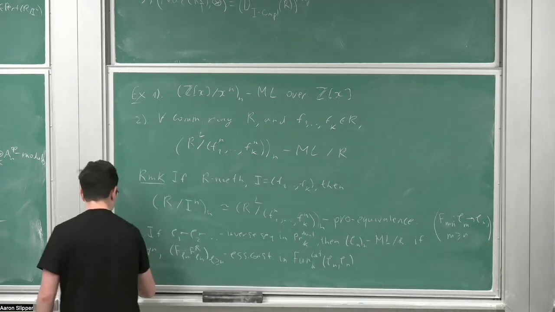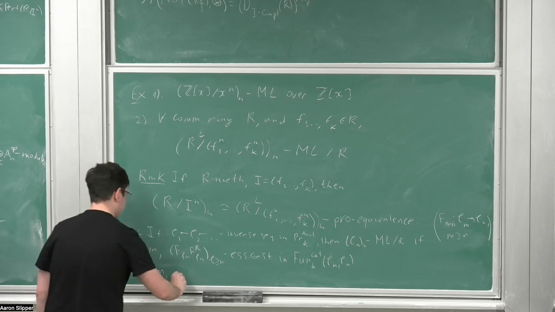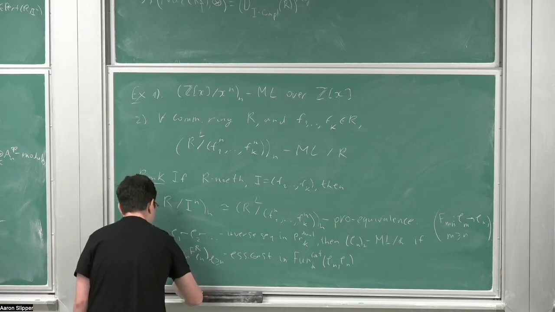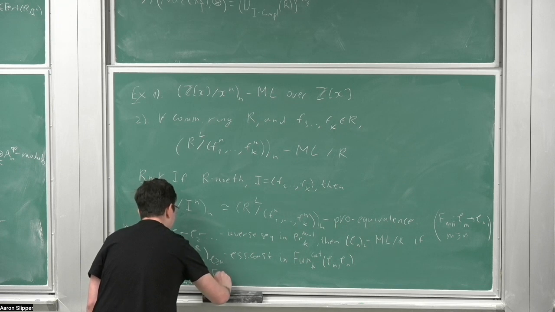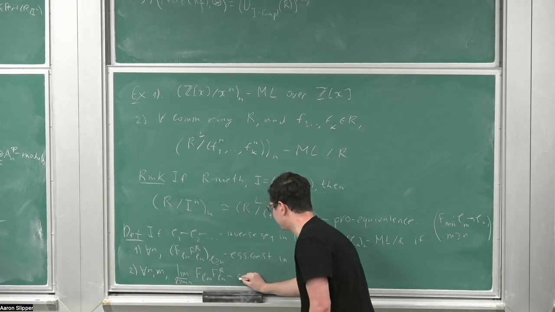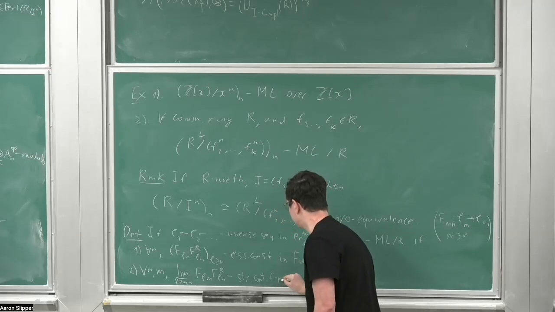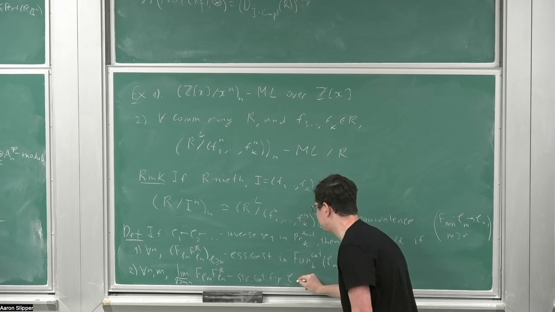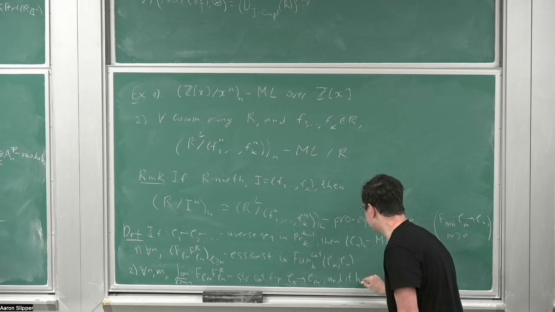And the second condition is that for any n and m, this limit over l greater or equal to m and n of f_lm f_ln right adjoint, this limit is a strongly continuous functor from C_n to C_m, and it has a left adjoint.